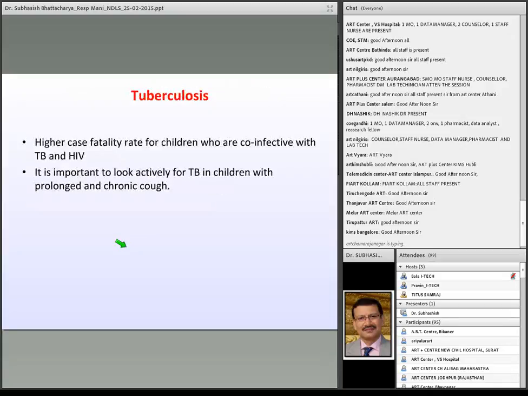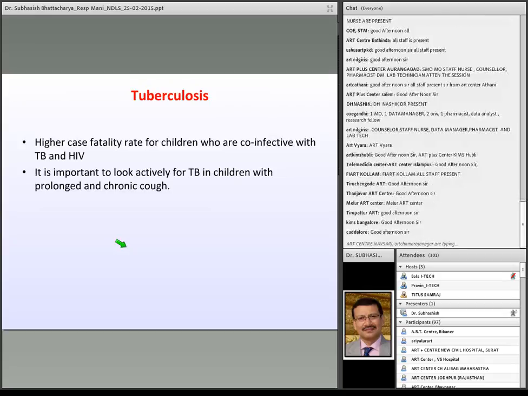There is a higher case fatality rate in children who are co-infected with TB and HIV. It is important to look actively for TB in children with prolonged and chronic cough.